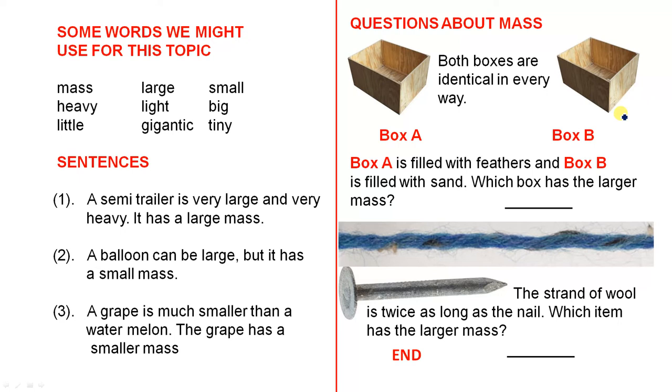Box B is filled with sand. Which box has the larger mass? Okay, fill this with feathers, fill that with sand, and pick each of them up individually, one at a time. I think you will definitely agree that box B will be much heavier. So box B will have the larger mass.